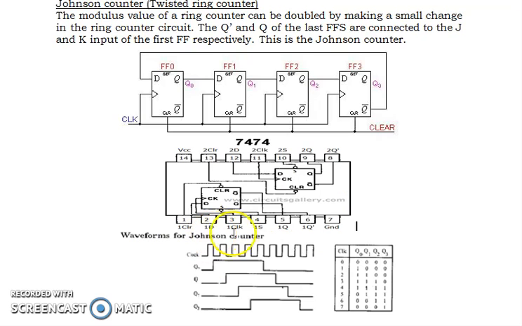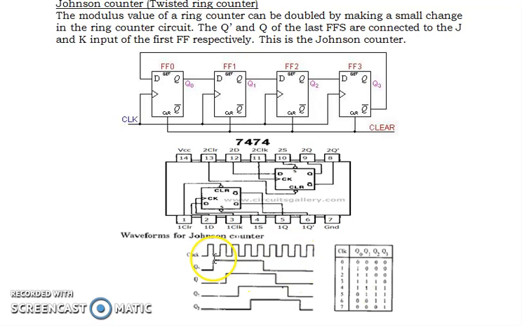Then Q bar of the last flip-flop should be taken and connected to the D of the first flip-flop. We have to use two 7474 ICs here in order to achieve a 4-bit Johnson counter.